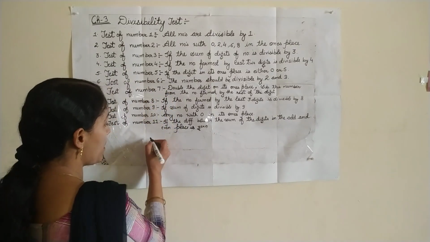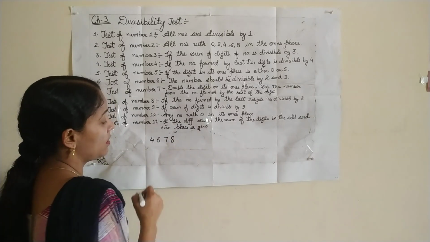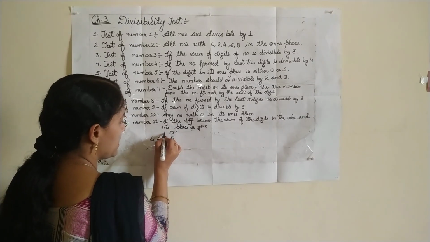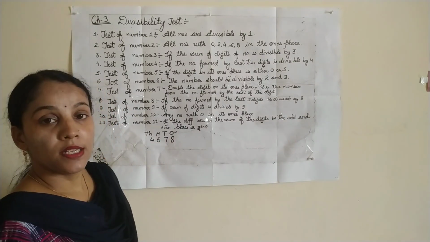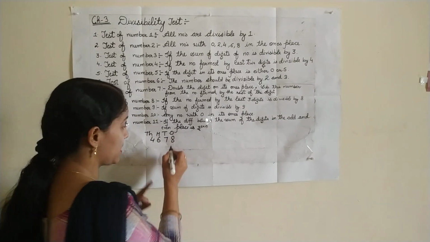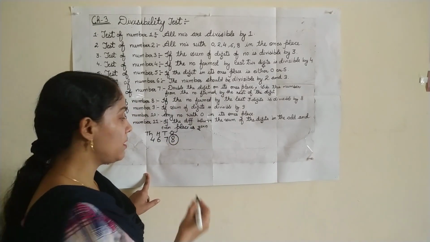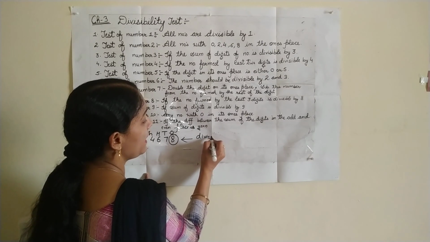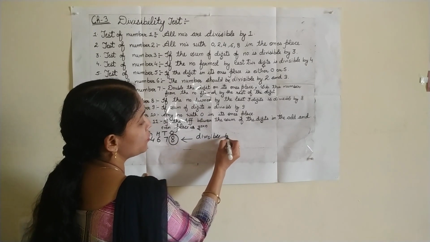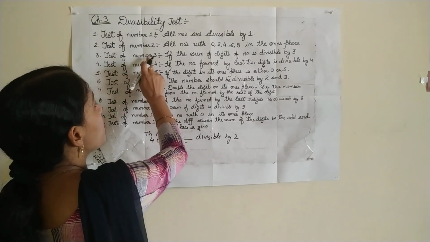For example, if I take 4678, this is the ones place, tens place, hundreds place and thousands place. Check the ones place digit. The ones place digit is 8, and 8 is an even number. That means this number is divisible by 2.